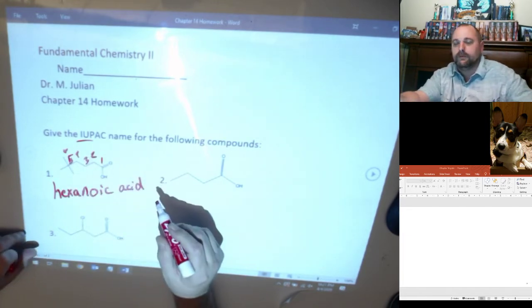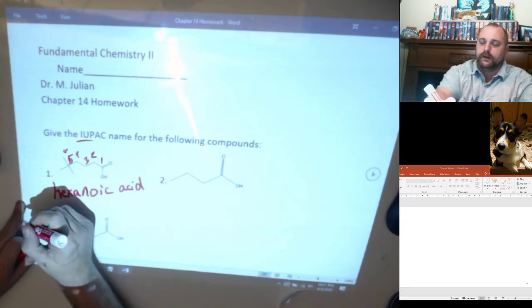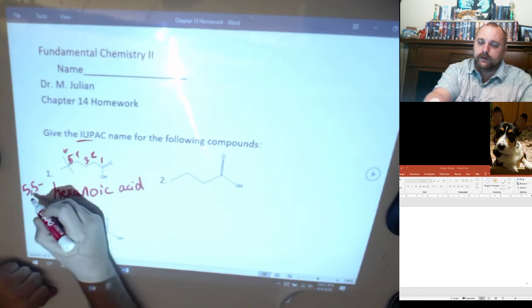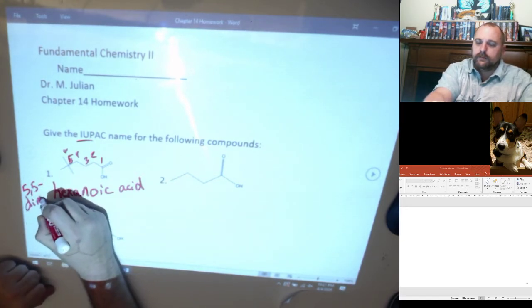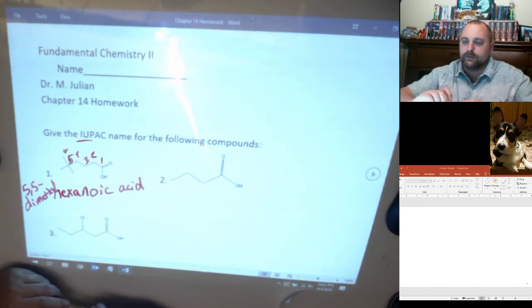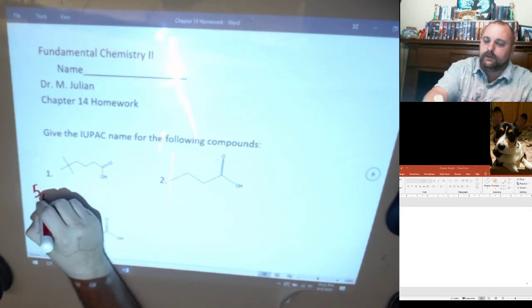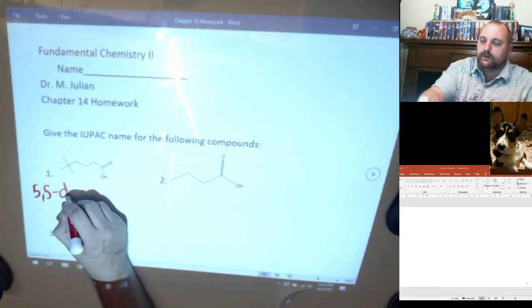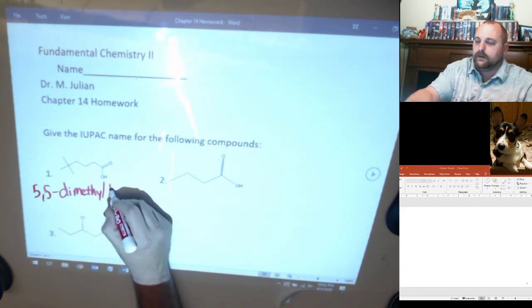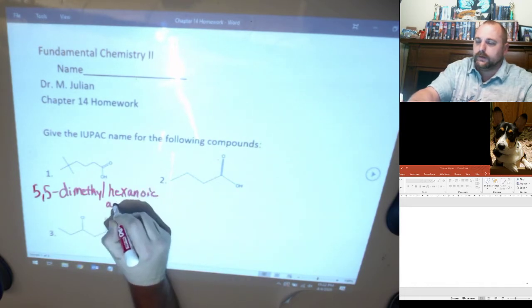At 5, so 5,5-dimethyl. Notice I had to start numbering on the other side here, so 5,5-dimethylhexanoic acid.